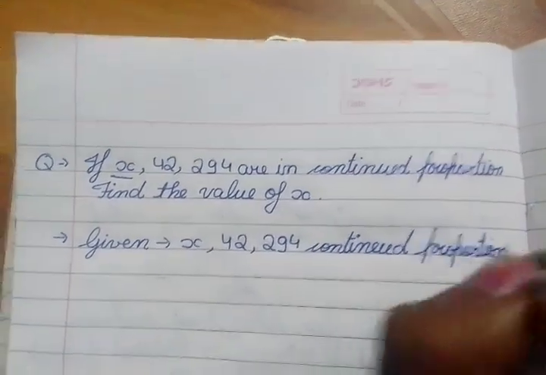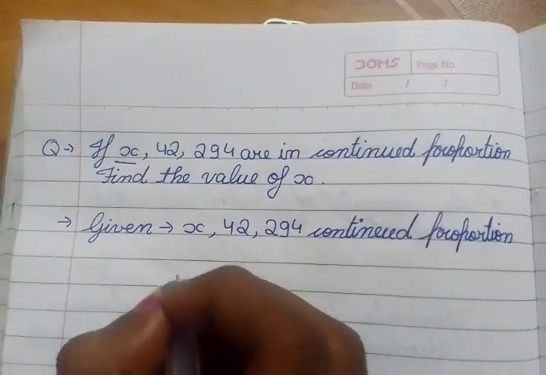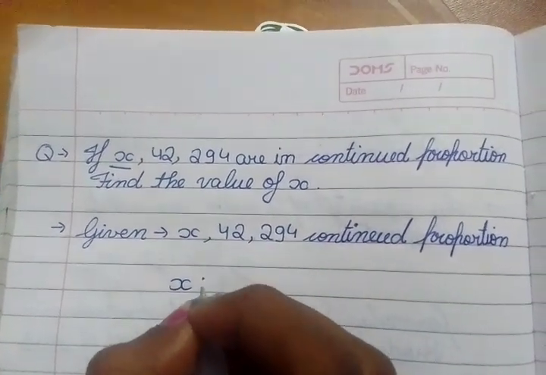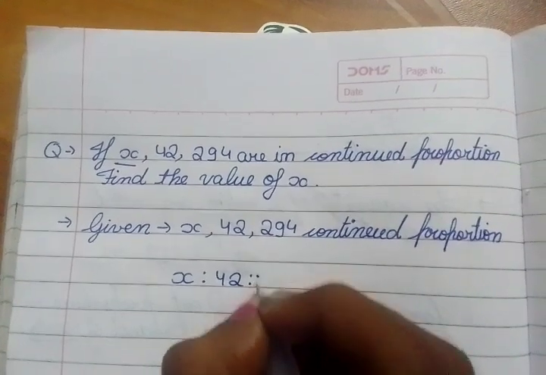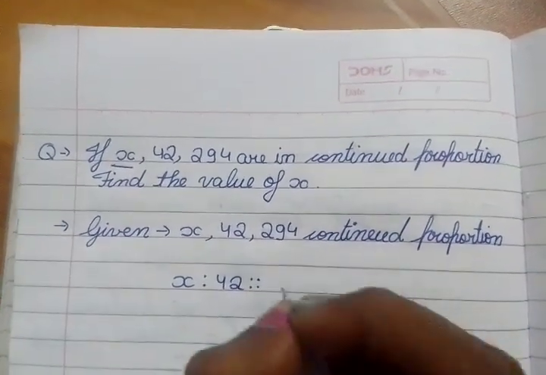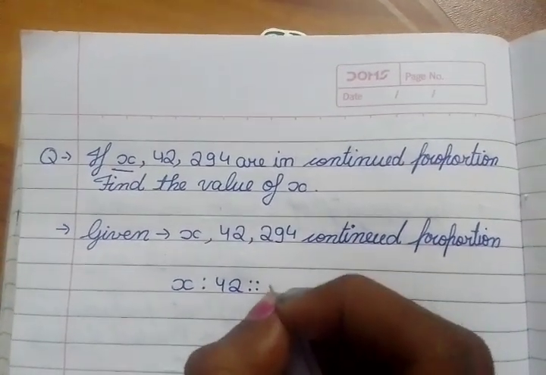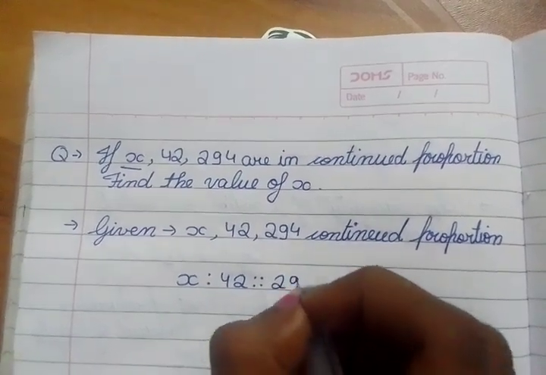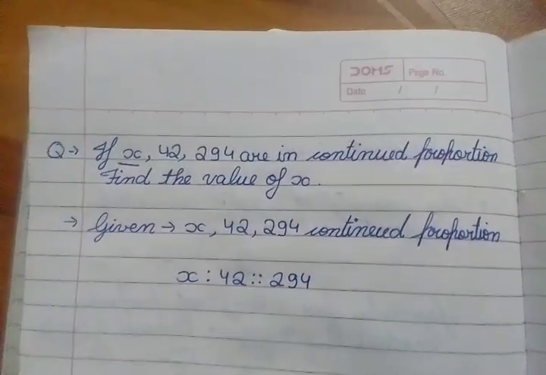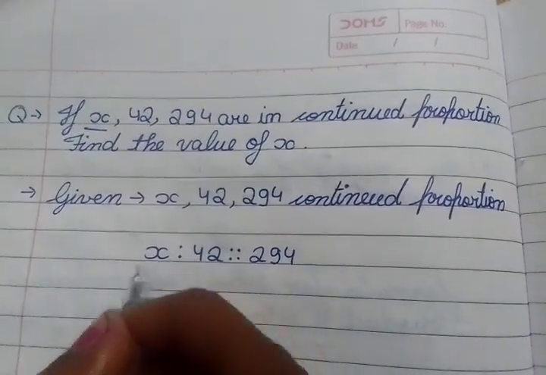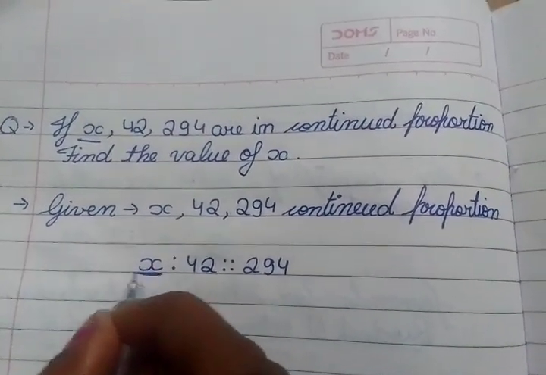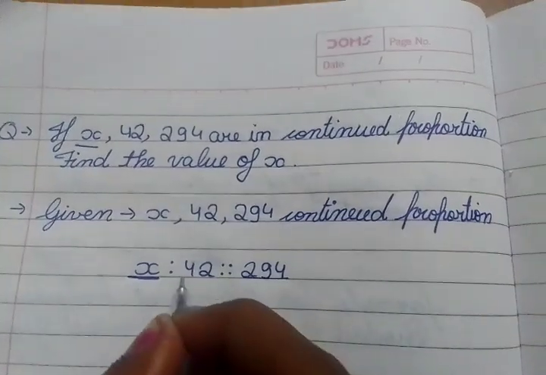So here we will write like this: X ratio sign 42, then proportion sign, then 294. In this question, what is given is extremes, and there is one mean only.